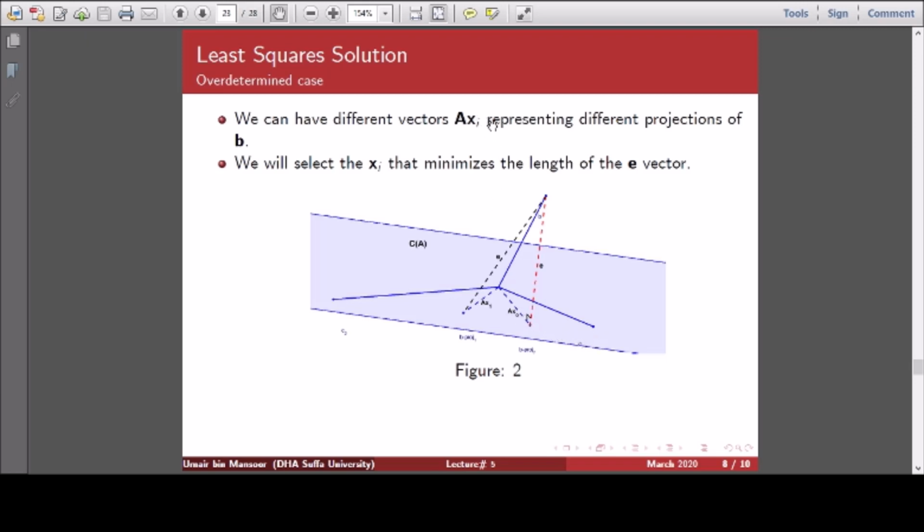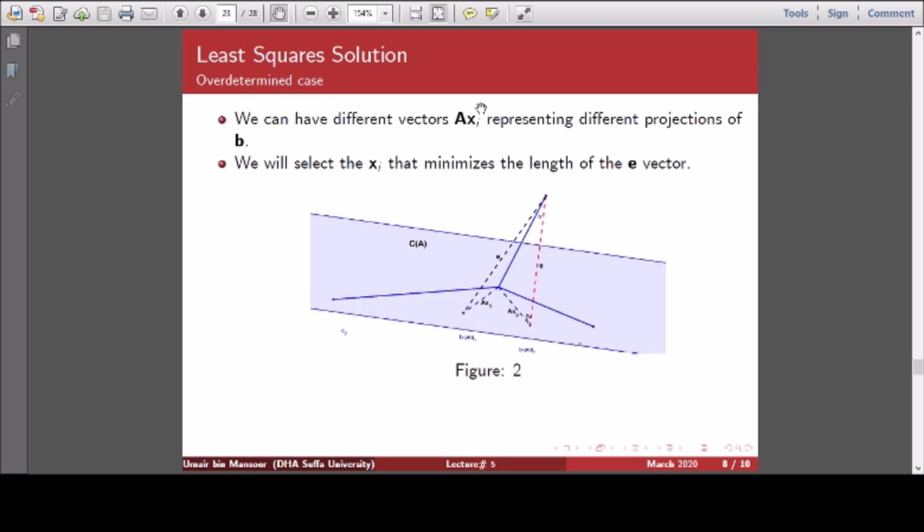By the way, Ax equals b means that if we have an exact solution, A multiplied by x gives the combination of the columns of A that makes up b. So in an exact system, the b lies within the column space, just like this c1 and c2.